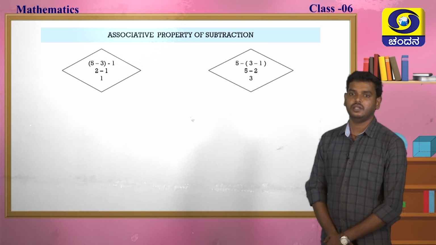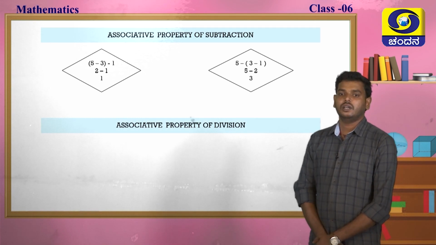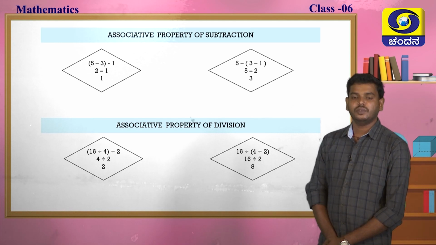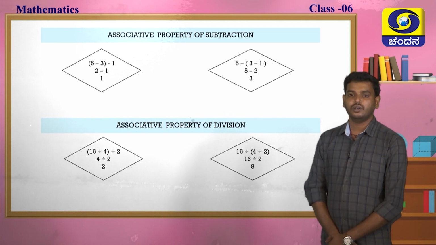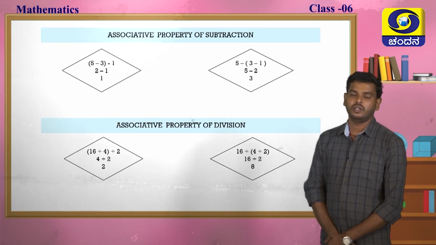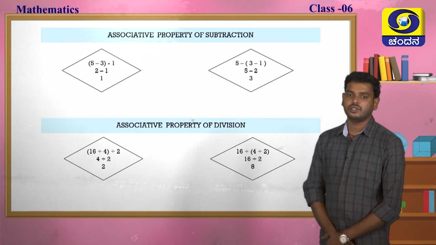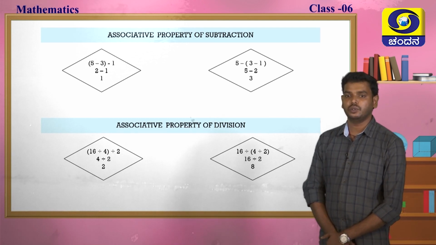Is it correct children? In the same way, we will learn the associative property of division. See, we will take 3 numbers, 16 divided by 4 divided by 2. First two numbers will be grouped, 16 divided by 4 is nothing but 4, which is divided by 2, which gives you 2.